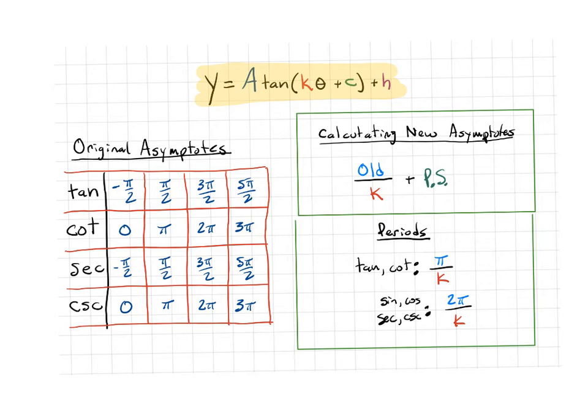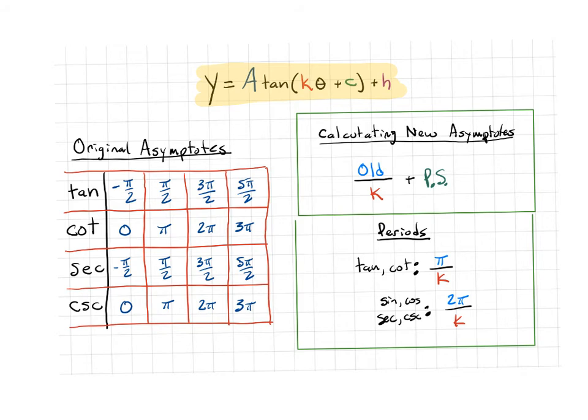They all have this format. And we've practiced picking out the A and the K and the C and the H and using them. But the difference with these new graphs is the asymptotes. The asymptotes are the key to getting a quick sketch of the graph.